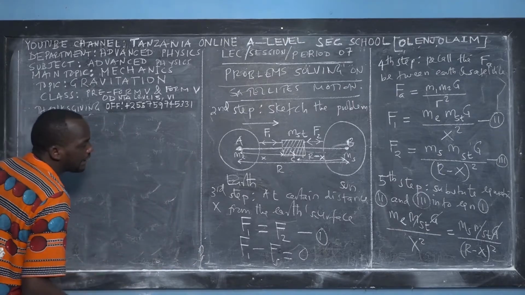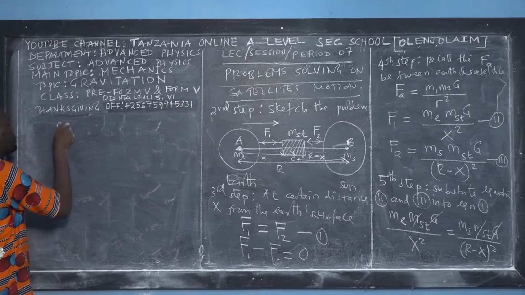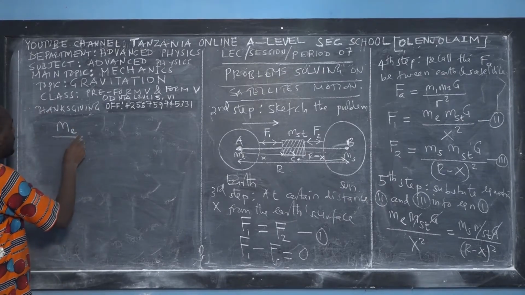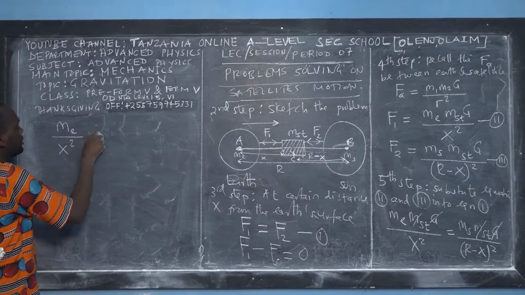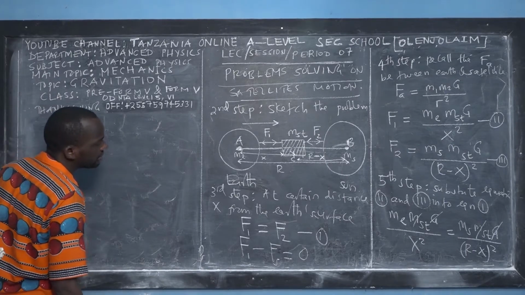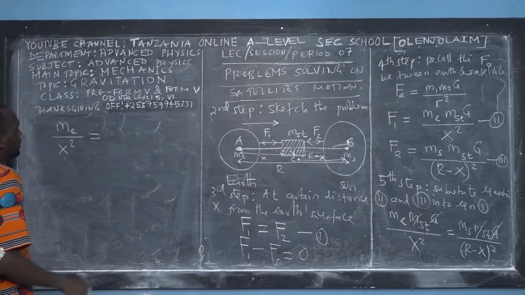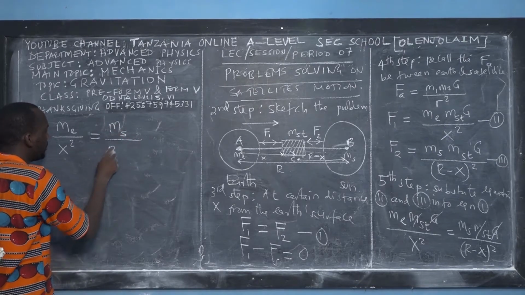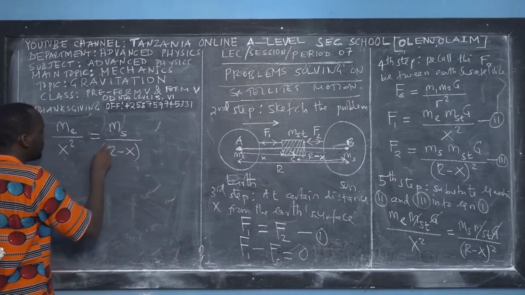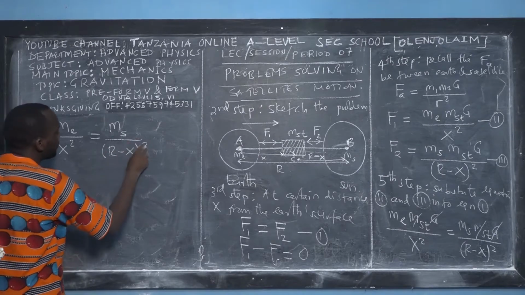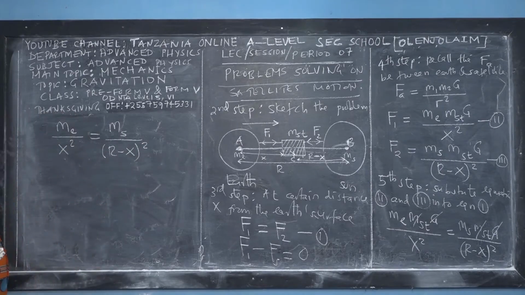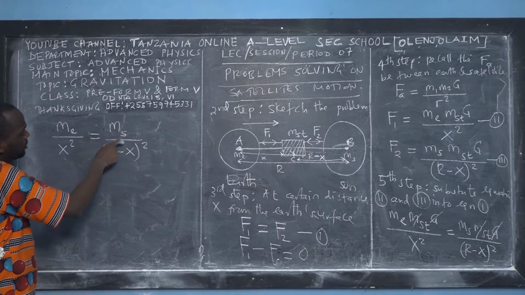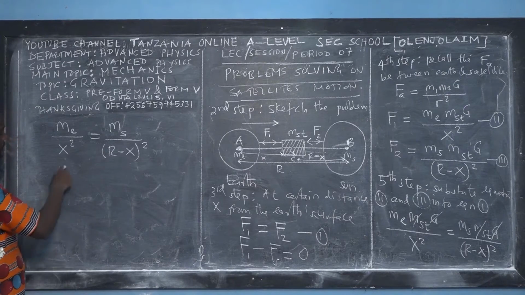So we remain now with the mass of the S, which is the numerator, over the square of the distance between the center of the satellite and the center of the S, and this is equal to the mass of the sun over the distance from the center of the S to the center of the sun squared. We have been given these constants. What we are looking for is x.